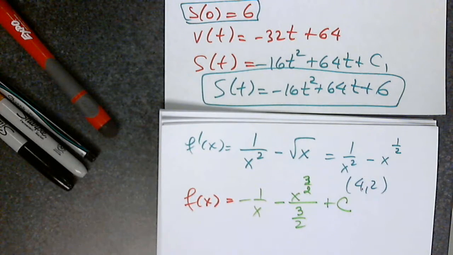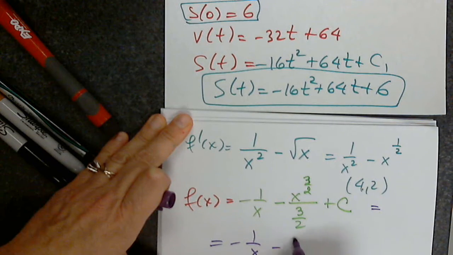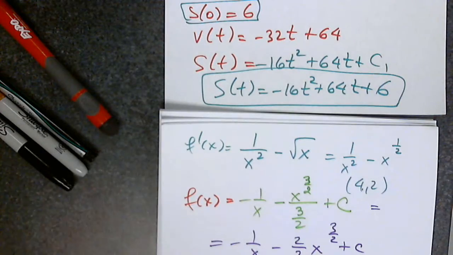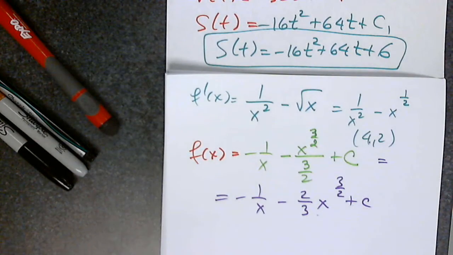Okay. But we are indirectly given a piece of information that will, let me simplify it first. So negative 1 over x minus 2/3 x to the 3/2 plus a constant c. Yes. So (4, 2), excellent.